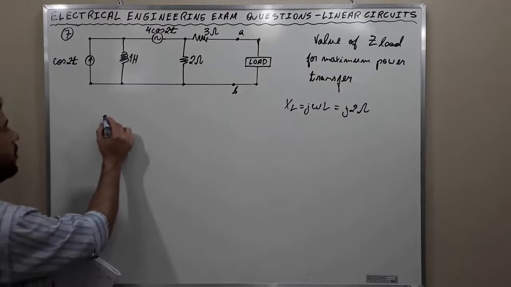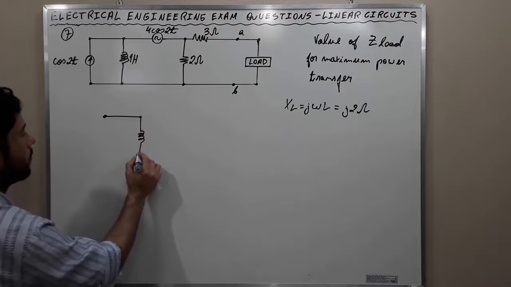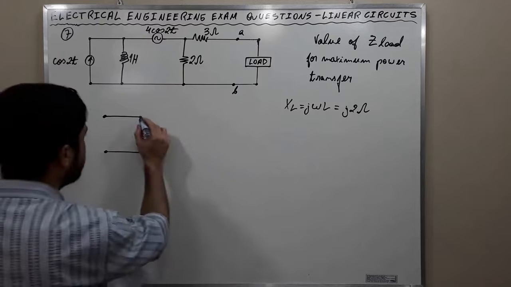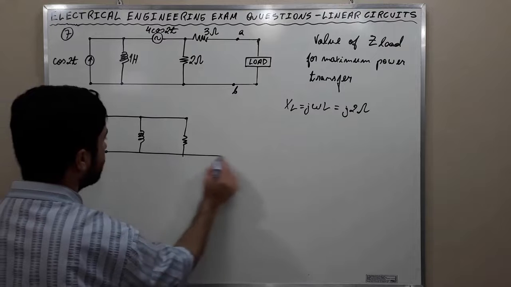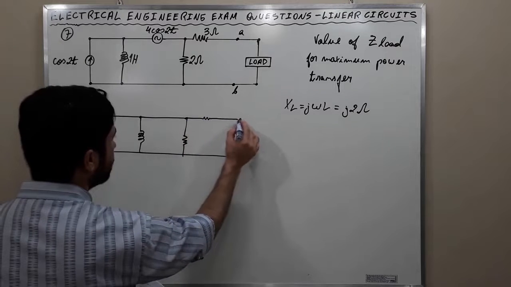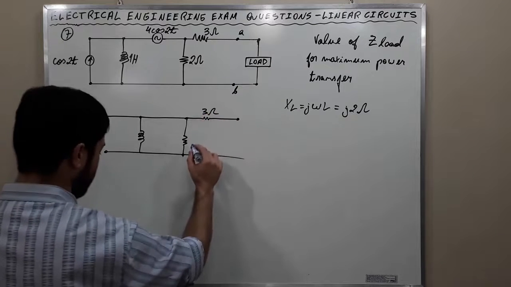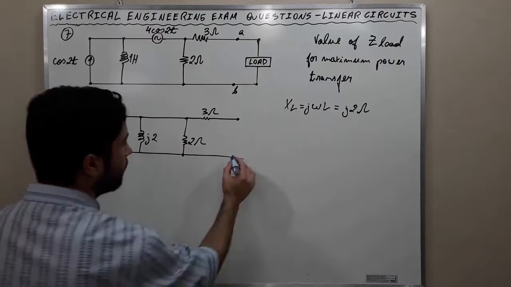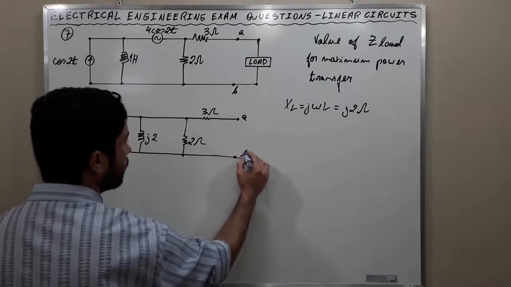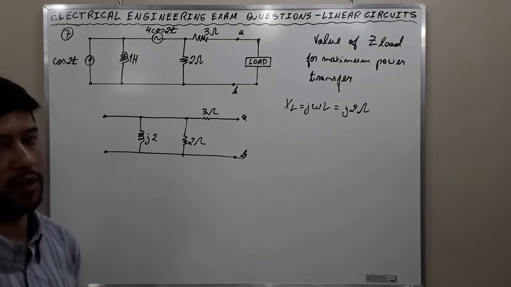Then we have a circuit like this. We want to measure the impedance at points A and B.